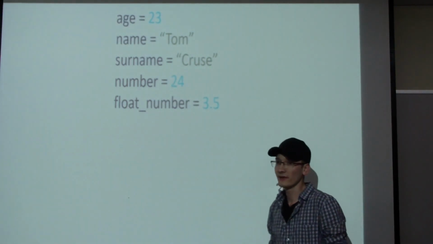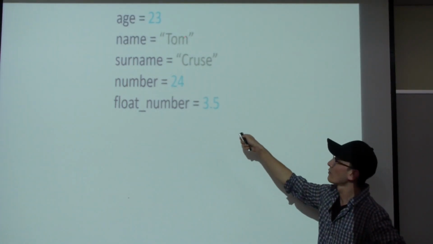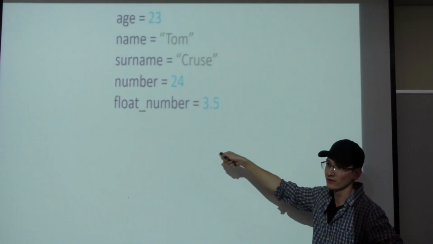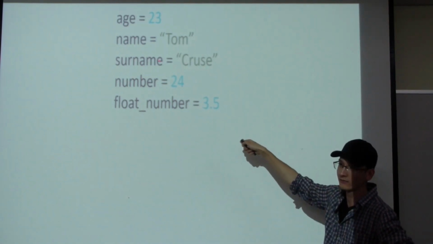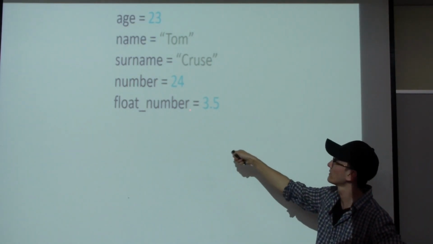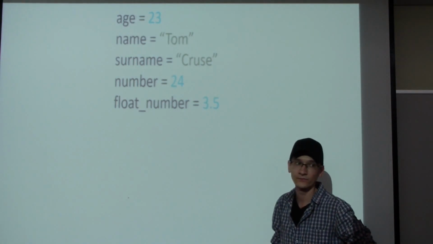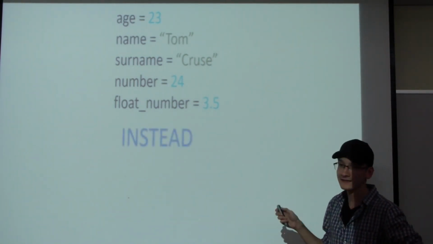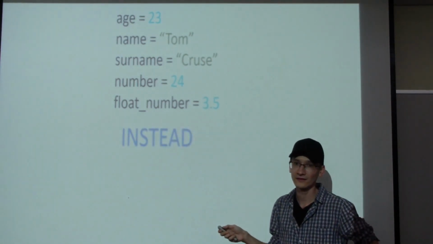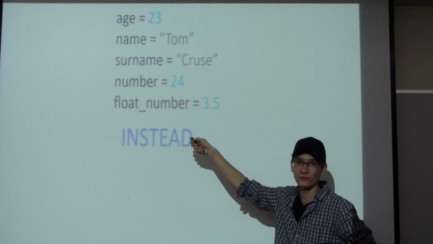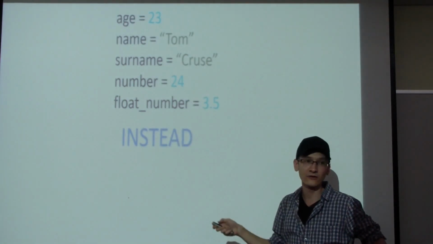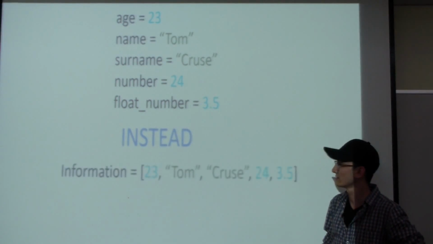So the main thing. Here we created many variables and we gave values to them: string, float, and integer numbers. It takes a lot of time to create these variables, you know. Instead of this, we can use a list.